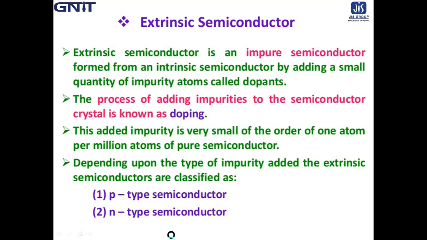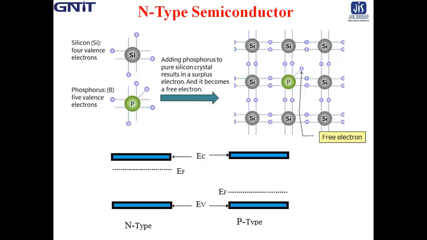On the other hand, if a trivalent impurity like boron is introduced into tetravalent silicon, then the semiconductor would be P-type. The significance of the nomenclature of N-type and P-type semiconductors can be understood in the next slide. So first we start with the N-type semiconductor.